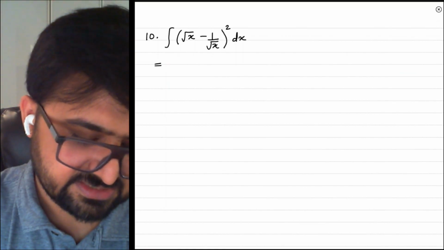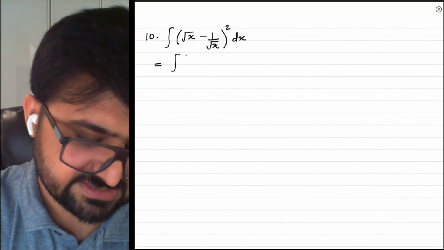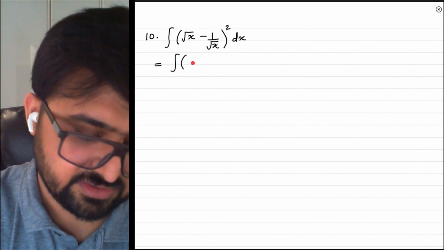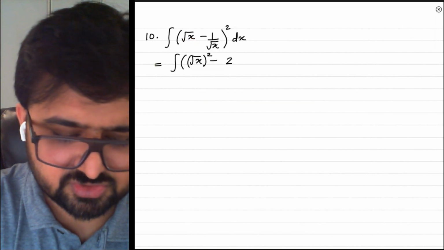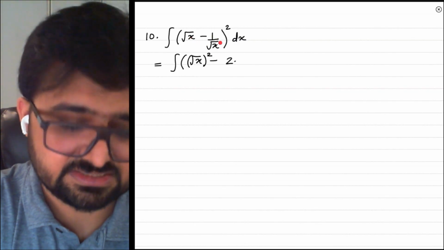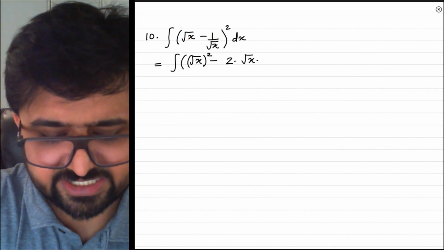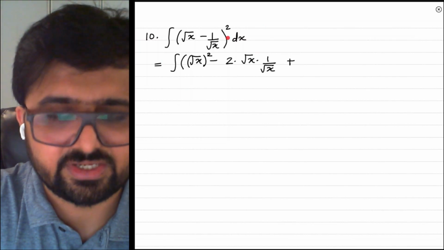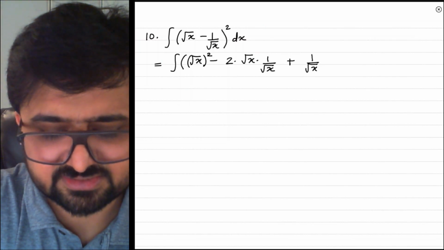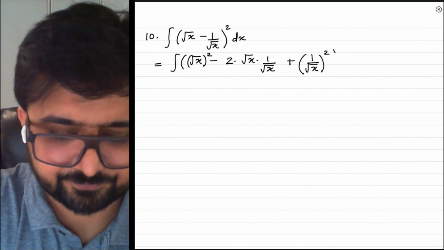So let's say this equals integral of, let's apply the whole squared. So a squared, so that is root x squared, minus 2ab. So root x times 1 over root x, plus b squared. So 1 over root x the whole squared.